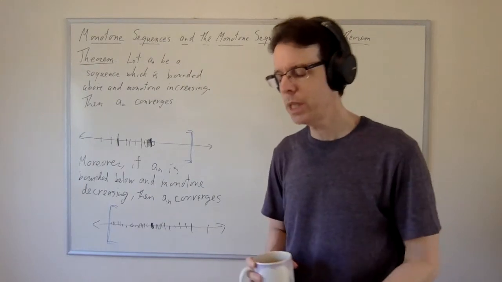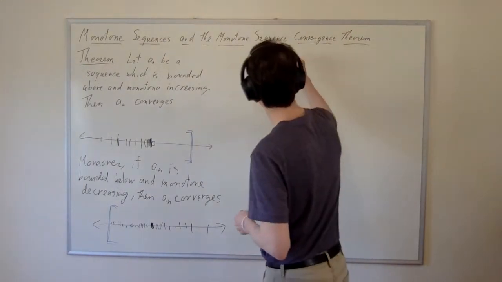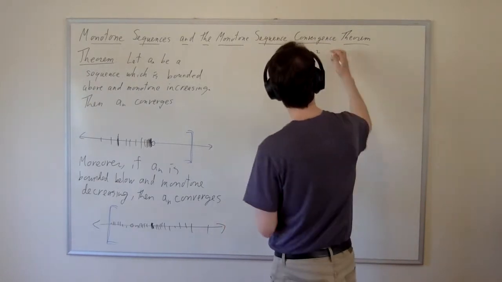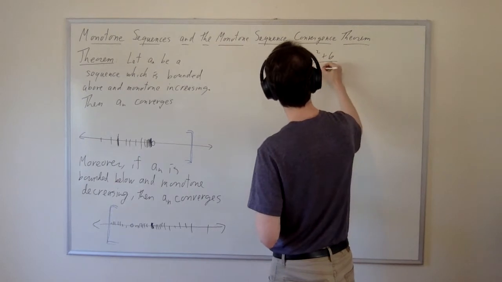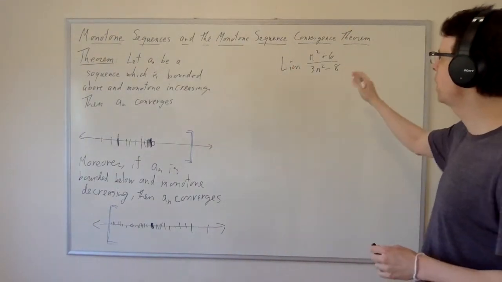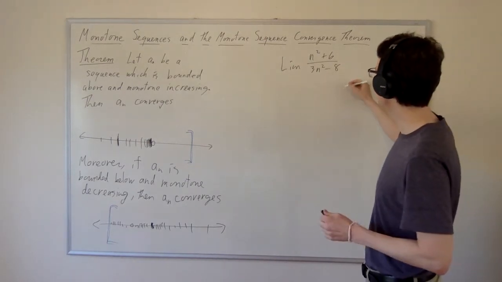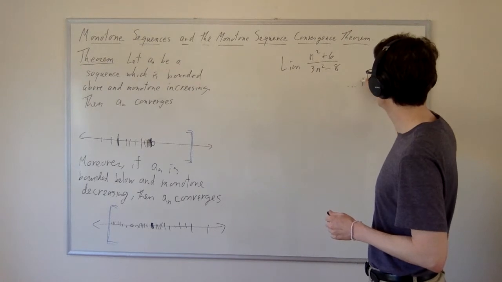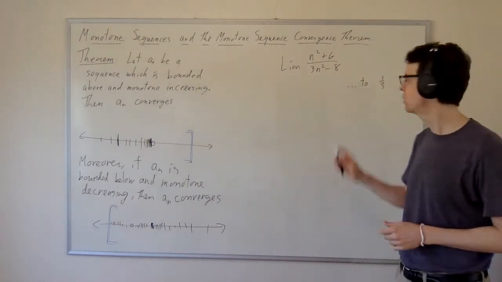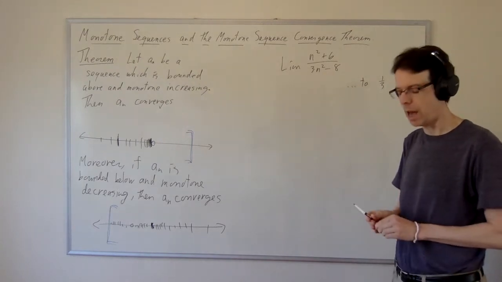When we take an algebraic limit, something like the limit of n squared plus 6 over 3n squared minus 8, I'm just making stuff up here, and we want to prove that this converges, the very first step is you have to say it converges to what? It converges to maybe 1/3. Maybe you use some clever trick to figure out what it converges to, and then you have to prove that it converges to that.